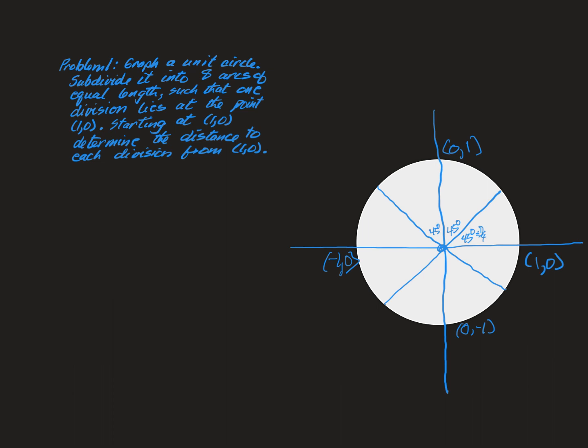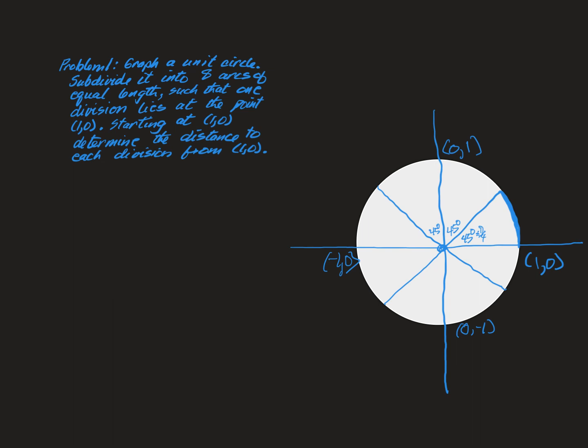But what the problem is asking me to do is find the length of this arc. What's the distance around this, like that? And how can you find an arc in a circle?